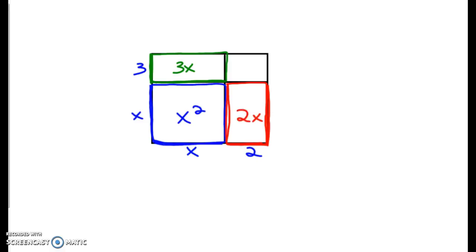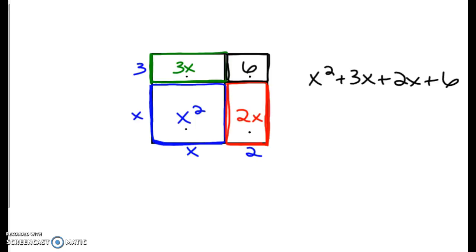And then my top corner box, I have dimensions of 3 and 2, so 3 times 2, I get 6 up here. Okay, now, remember the area inside the boxes, if I were to add up all of these areas here, that would give me my expanded form. 3x plus 2x plus 6. Okay, this is my expanded form.